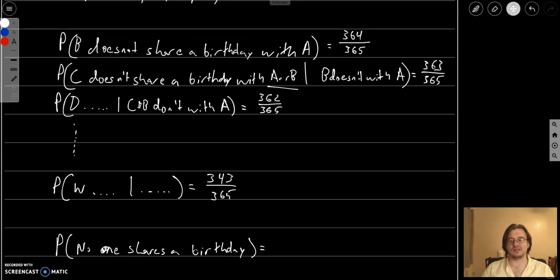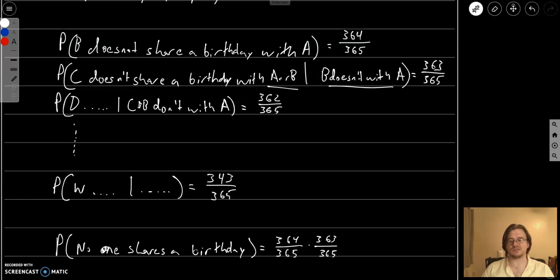So then ultimately, the probability that no one shares a birthday would be the probability that B doesn't share with A times the probability that C doesn't share with A or B, given the previous one. And you can begin to see where this is going.